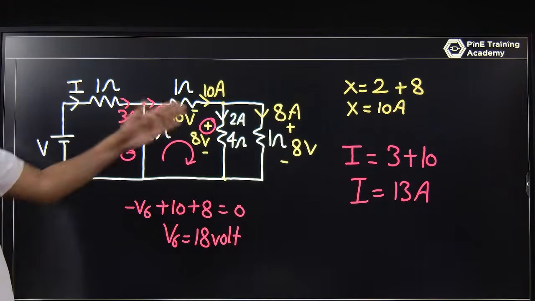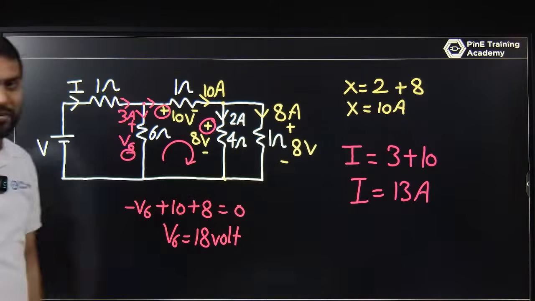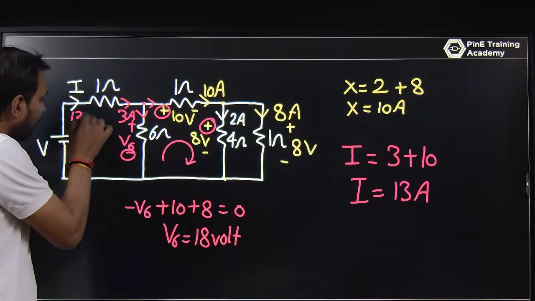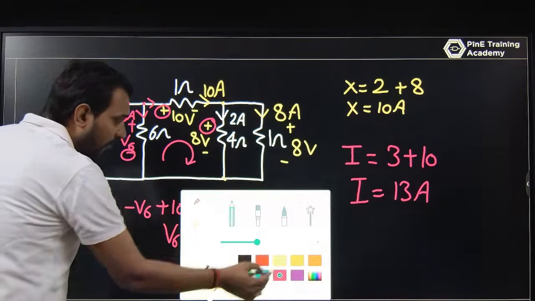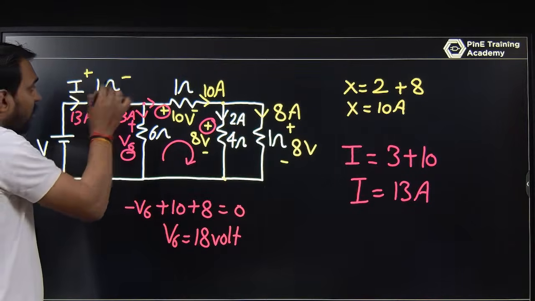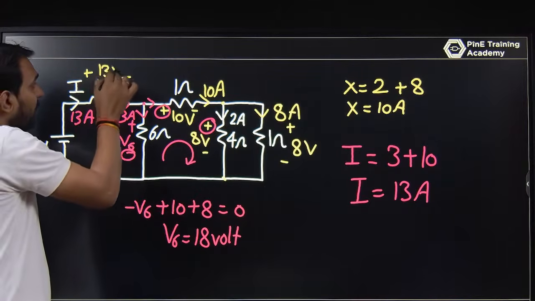By solving with this method, you find what is I, that is 13 ampere. If this is 13 ampere, what will be the value across this 1 ohm? The voltage across this 1 ohm is 13 into 1 ohm, that is 13 volt.